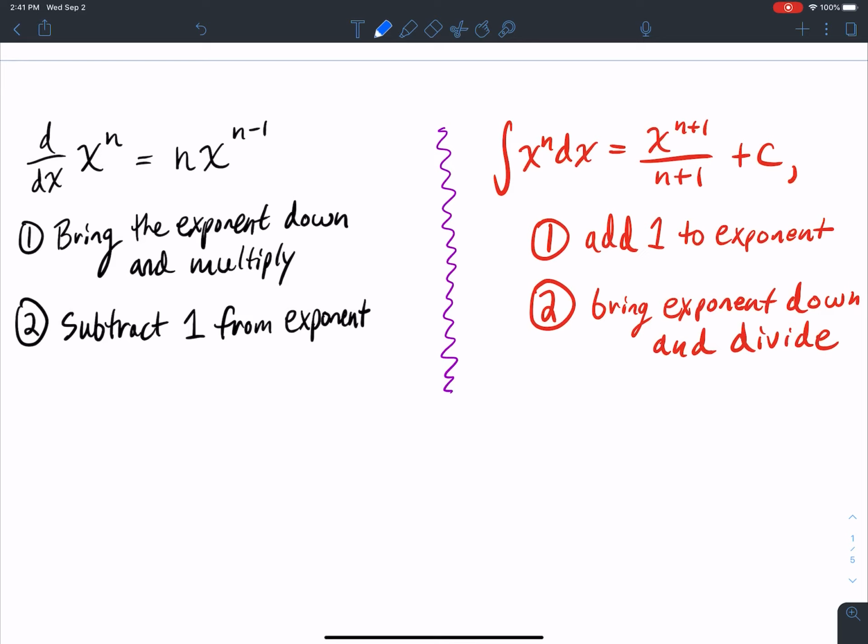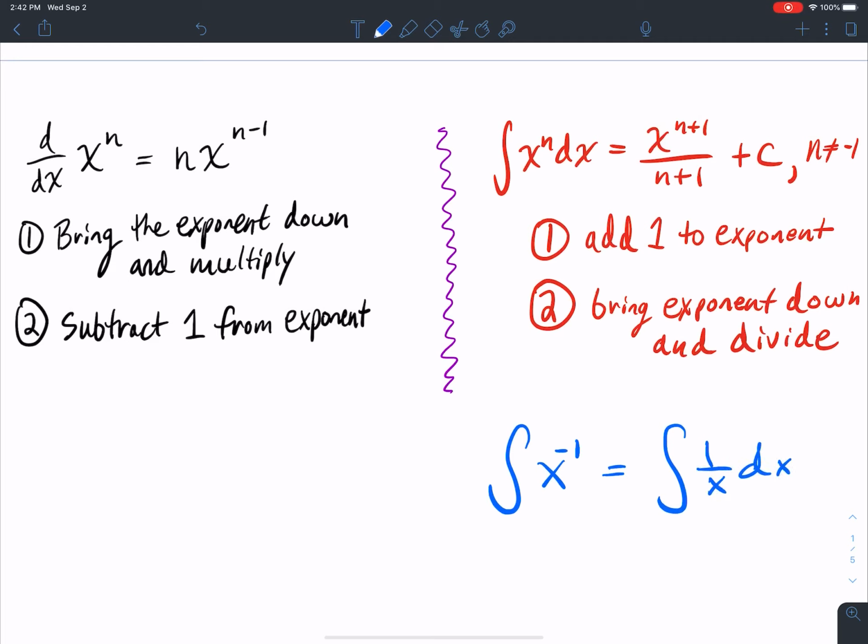So, one thing that I can't do is, whenever I'm dividing, I can't divide by 0. So n plus 1 equals 0 whenever n is equal to negative 1. So I need to not have n equal to negative 1 here. Okay? And if you think about it, n equal to negative 1 is this here. So that's 1 over x.